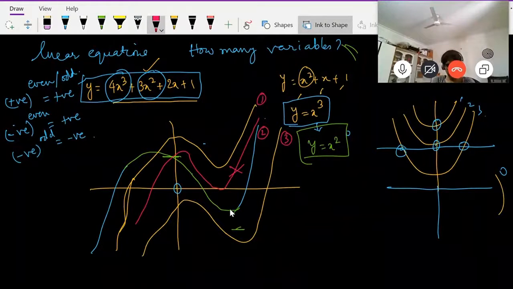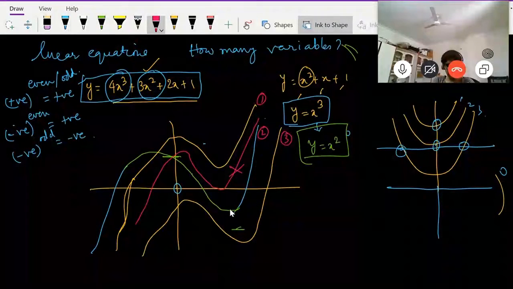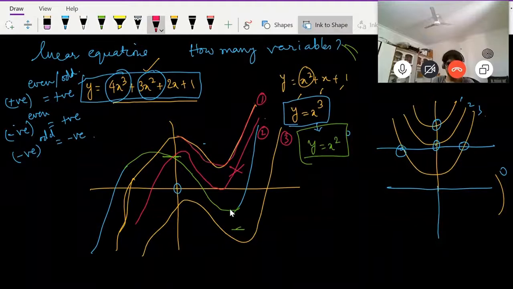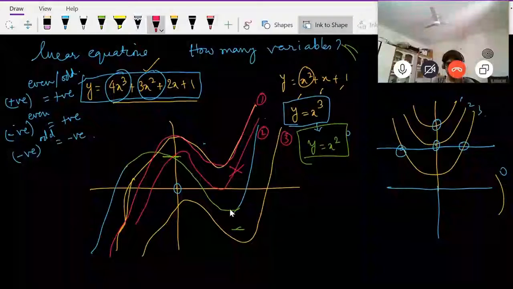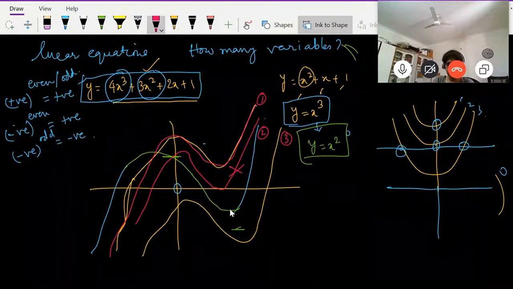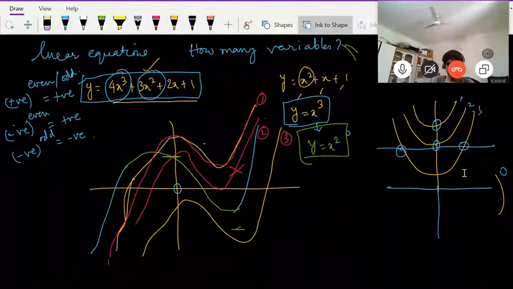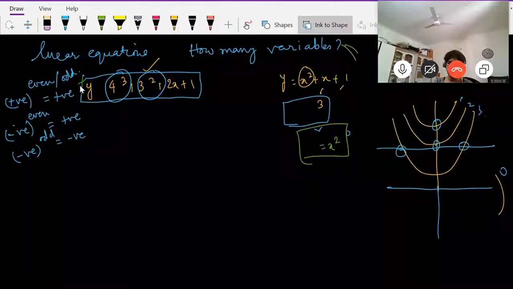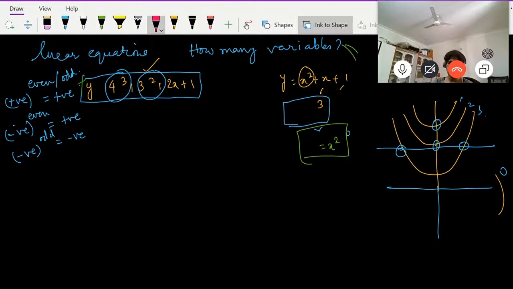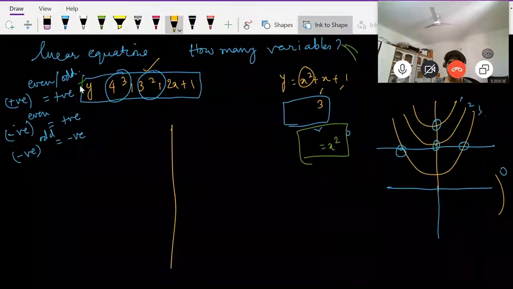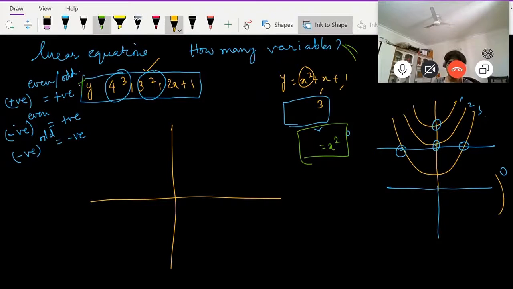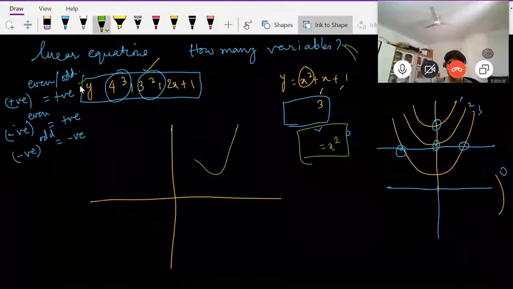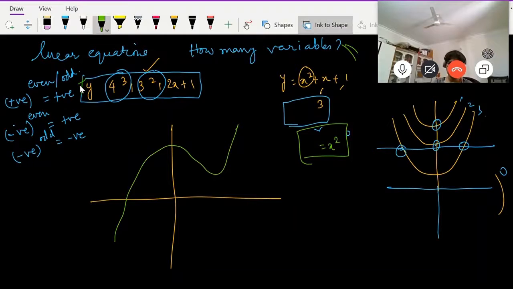So if I take the first case, how many roots will be there? Case 1, this curve. Let me just redraw this. It's too messy. So case 1, I have a curve like this. How many roots will it have?